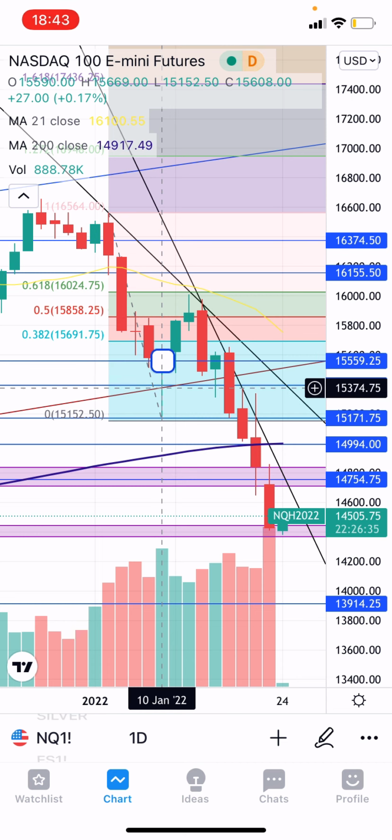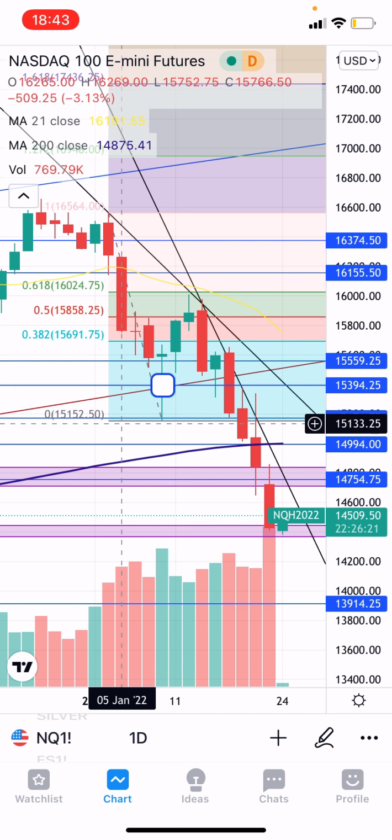And then I bumped up my stop loss from 15,170 to 15,374. That way, if the trade ends up going against me, I don't lose any money. In fact, I'm green on the trade, right? So I made from 15,170 to 15,370.